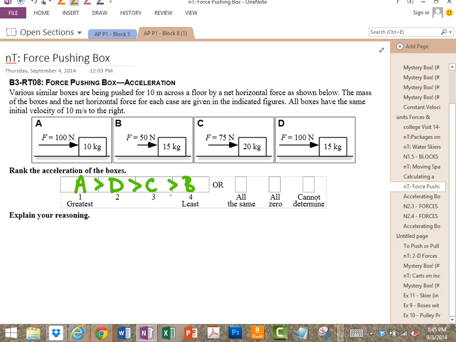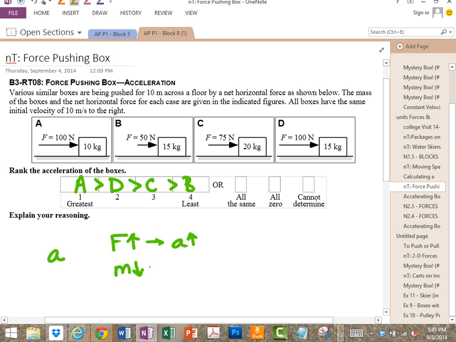Because you have the biggest difference, you have the most force. Andrew, can I tap you in? I think what we were thinking was just a bunch of ratios. Since we know force affects acceleration directly, the higher the force, the more acceleration, and the smaller the mass, the greater the acceleration.